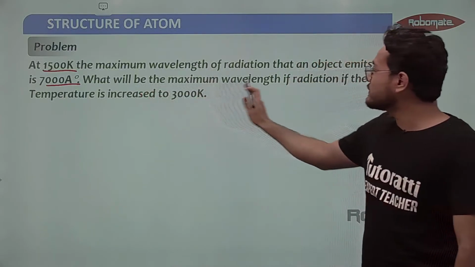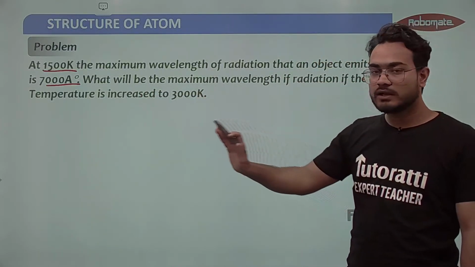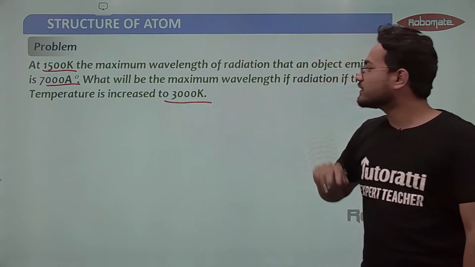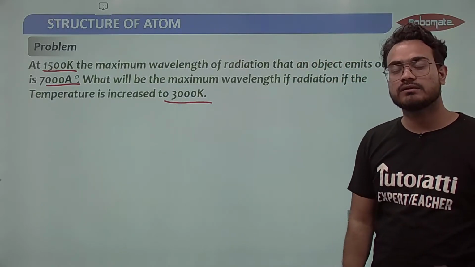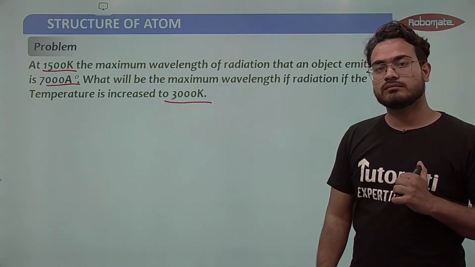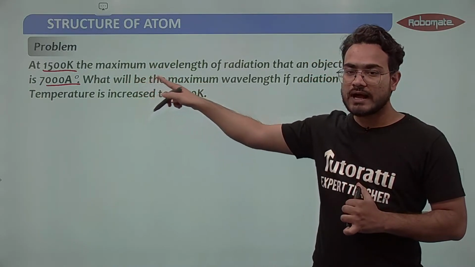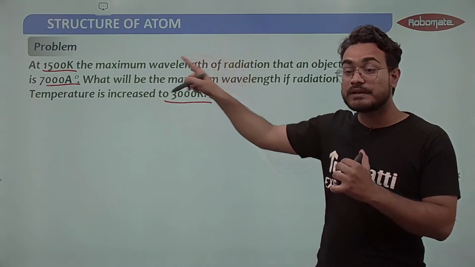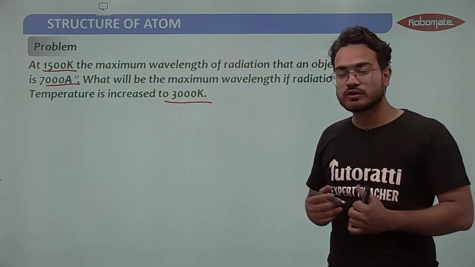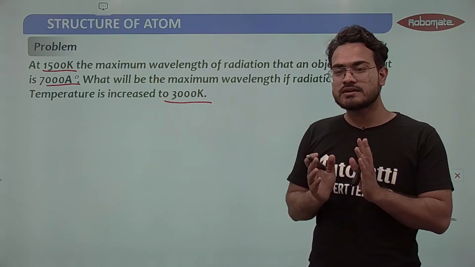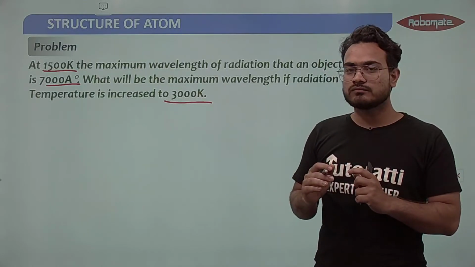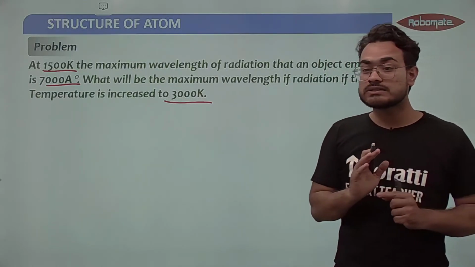What will be the maximum wavelength if the temperature is increased to 3000 Kelvin? One wavelength is given to you, the other one they are asking. One temperature is given to you. Okay, Tanishka has also given an answer, and both are different answers. So let's see which of them is correct.